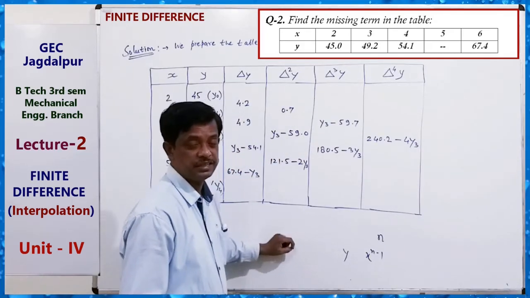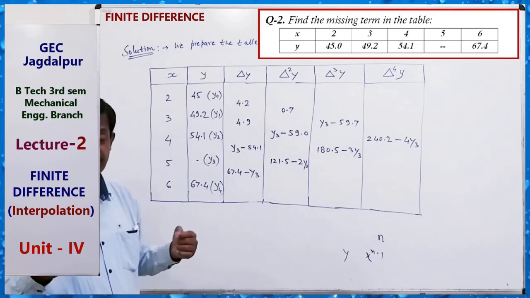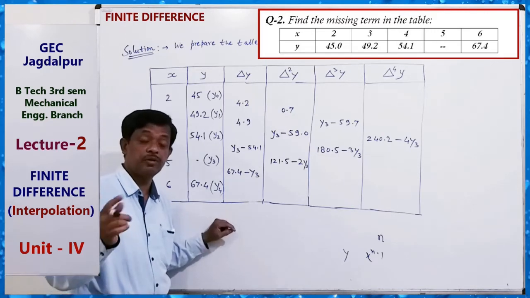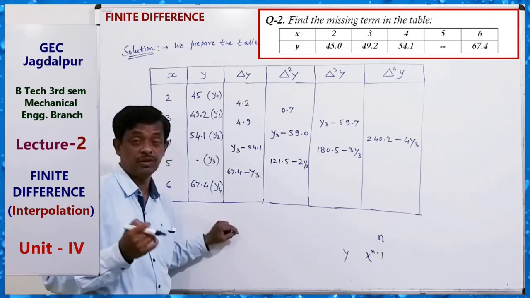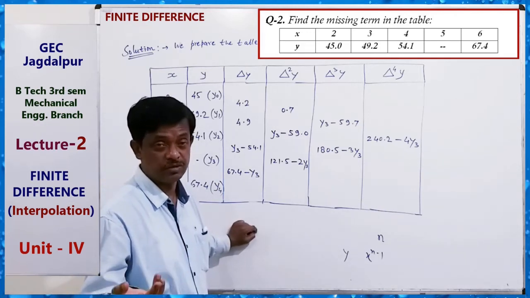We know that the nth difference of a polynomial of nth degree is always constant, and higher differences are 0.